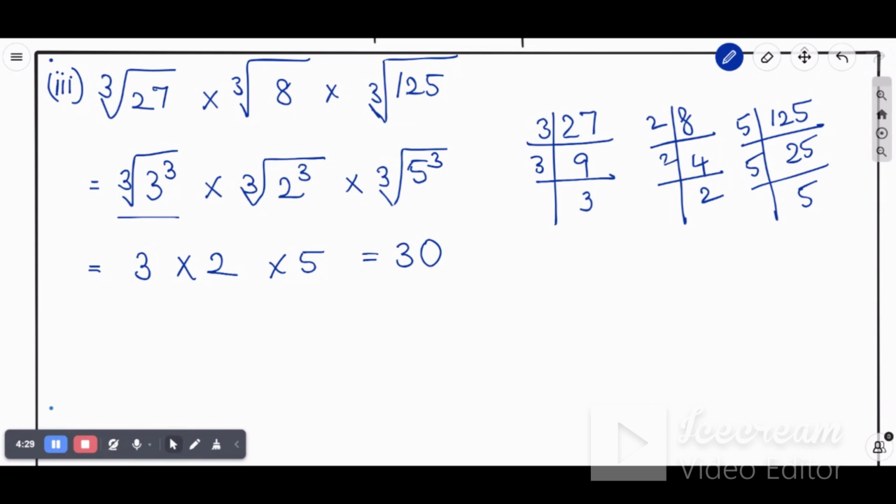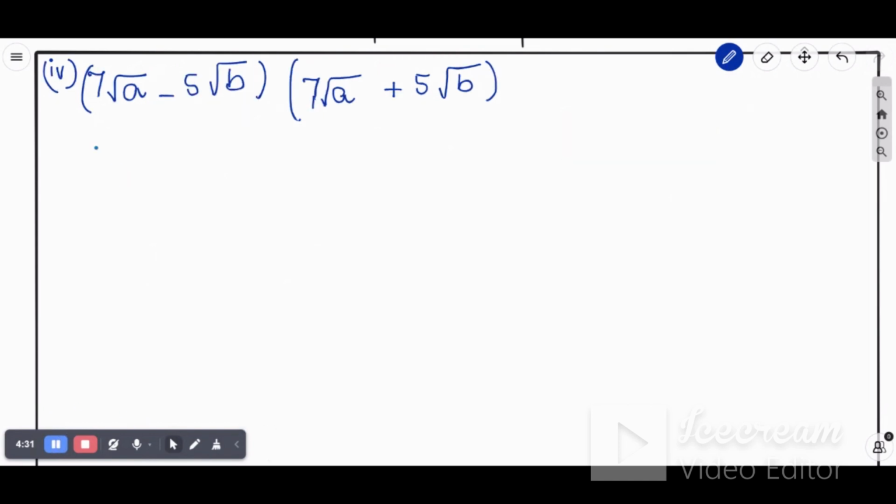So let's move on to the next one. Let us start our fourth question: 7 root a minus 5 root b and 7 root a plus 5 root b. If you look, this is of the algebraic identity form (a plus b) into (a minus b) is equal to, do you know what that is?